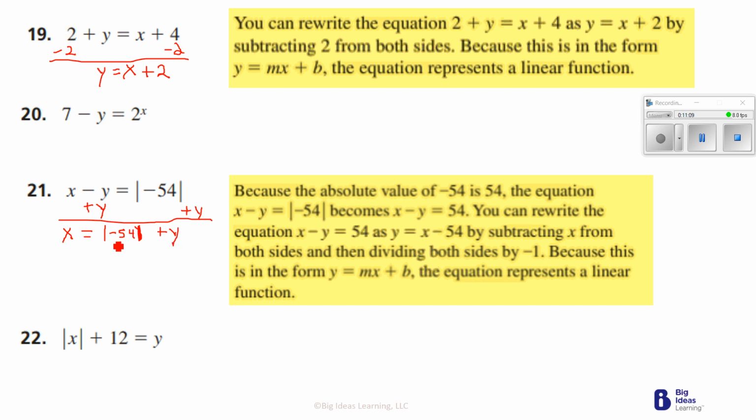And then they realized that the absolute value of negative 54 is 54. So this is 54 plus y equals x. So what they did here is subtract 54 from both sides.